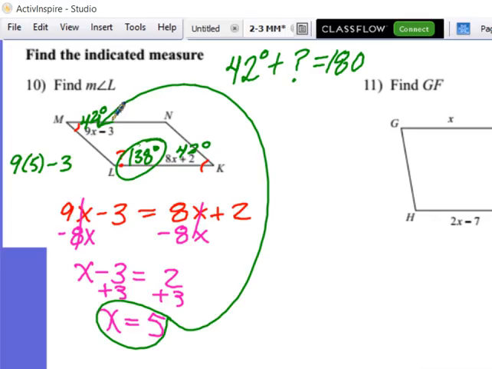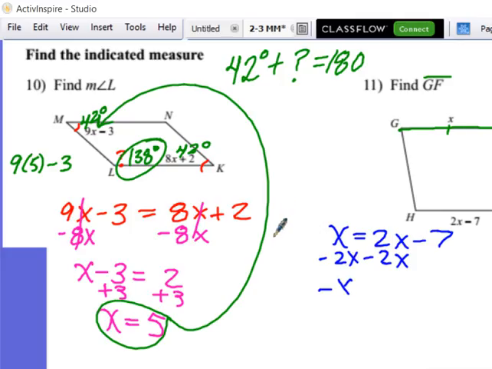Yep, perfect. So now over here it says find GF. Guys, if it says GF, that means a line GF. So this is what we're trying to find, is this line. Yep, so we have to be able to solve for x to know that. So we'll set up our true statement. X is equal to 2x minus 7. Solve for x. So I'm going to subtract 2x from both sides. Is everybody okay with that? Yeah. Minus 2x minus 2x.